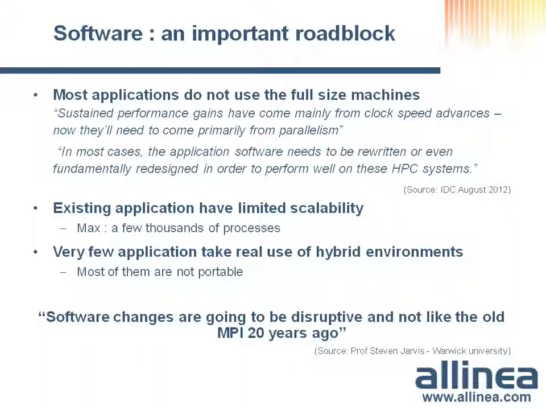And it is also about the hybrid environments using, for instance, GPUs or, more recently, Intel Xeon Phi. Those applications will need a major rework, and they will need to be redesigned and rewritten to take advantage of those new architectures. And as Professor Stephen Jarvis from Warwick University says, this software change will be much more disruptive, as opposed to the one we had 20 years ago with MPI.